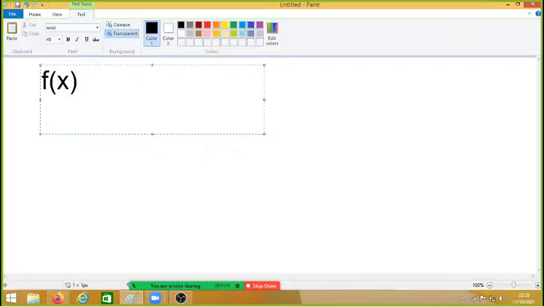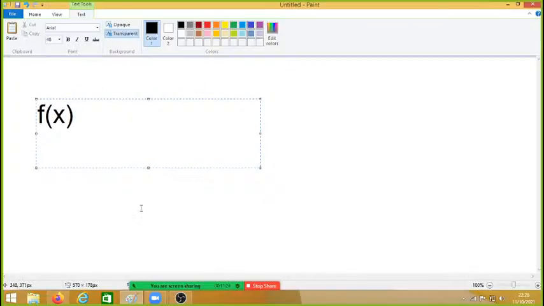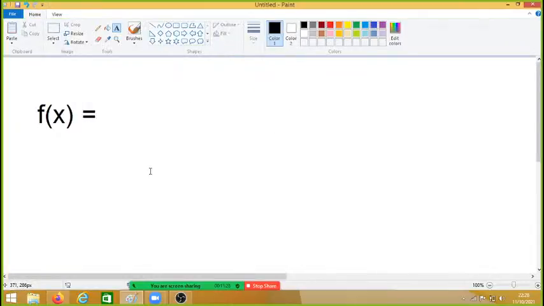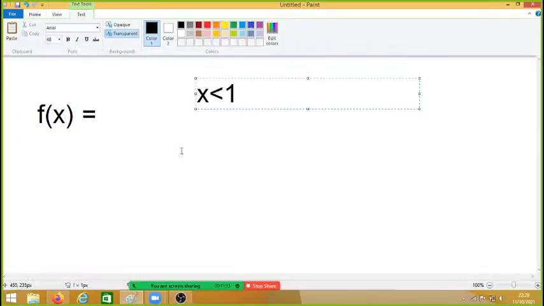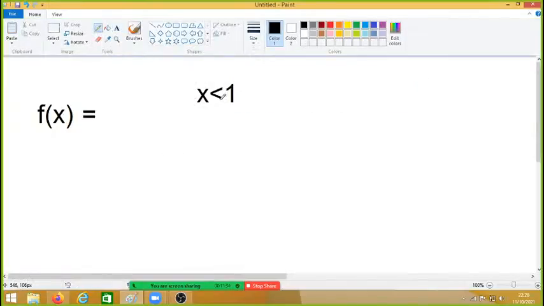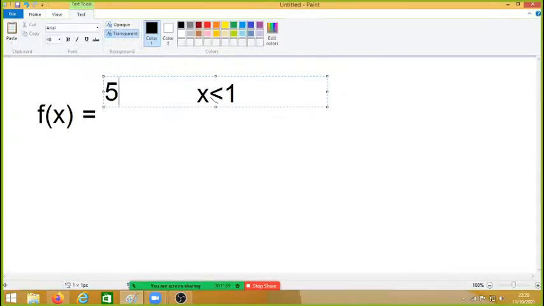So we have a function, but depending upon what number goes in, we're going to end up doing something different to it. So for numbers that are less than 1 that go into the function, we're going to do 5 take away 2 times that number, x.